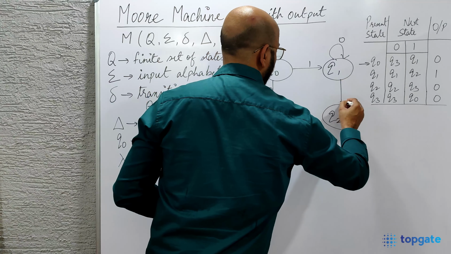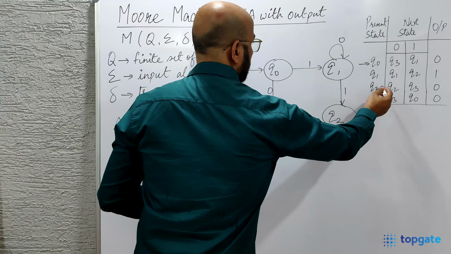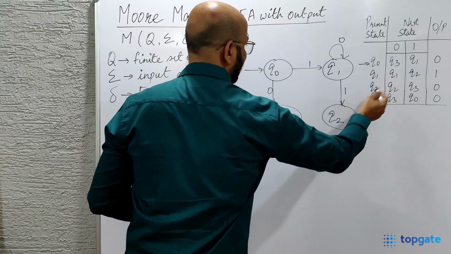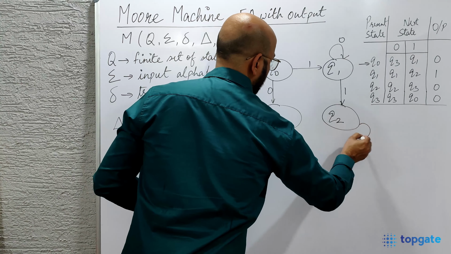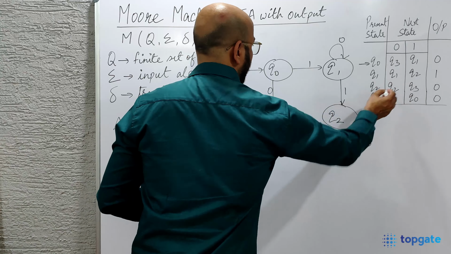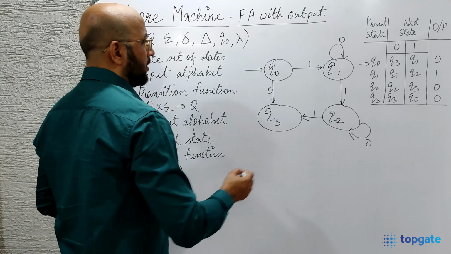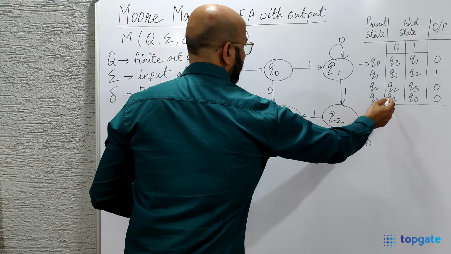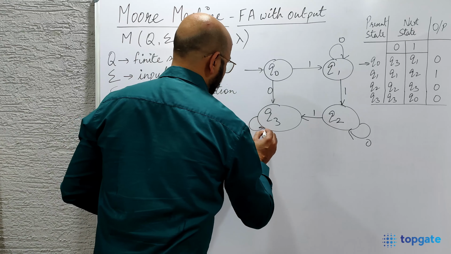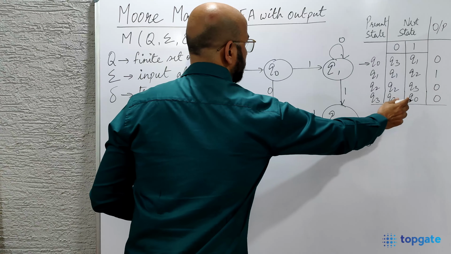That means this is 1. Now come to Q2. From Q2 with 0, it is a self loop. That is 0. And then from Q2 with 1, I'm moving on to state Q3. Clear? Now come to Q3. On Q3 with 0, it is a self loop. So I'm just adding a self loop here. And then from Q3 to Q0 with 1.